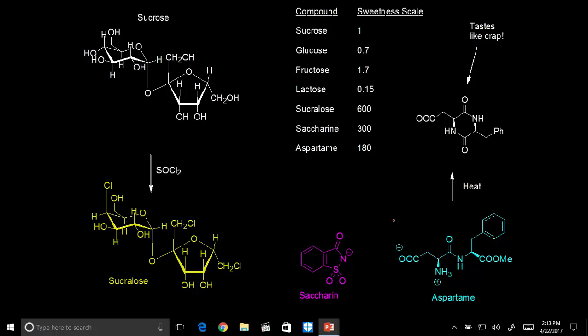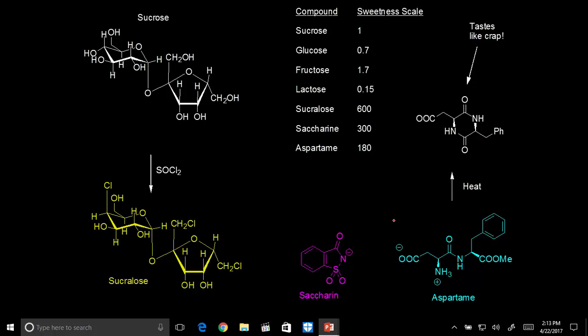Okay, but some artificial compounds, humans actually taste them as being much sweeter than sucrose, the most common natural sweetener. So you can treat sucrose with thionyl chloride, and you don't let this reaction go to completion.